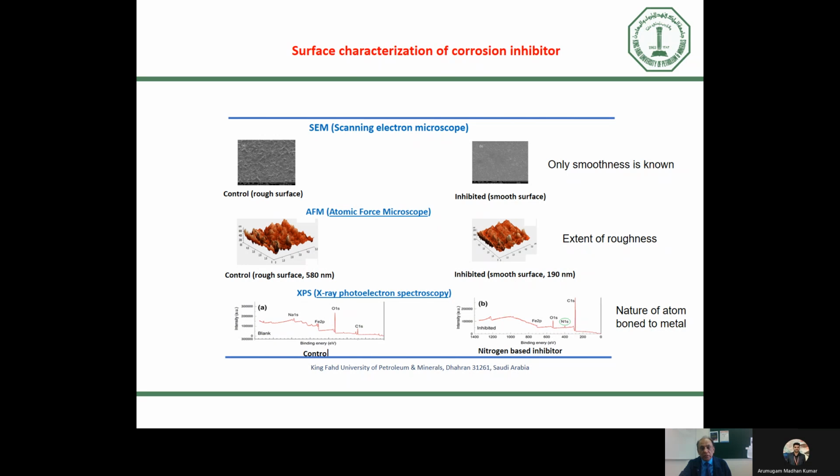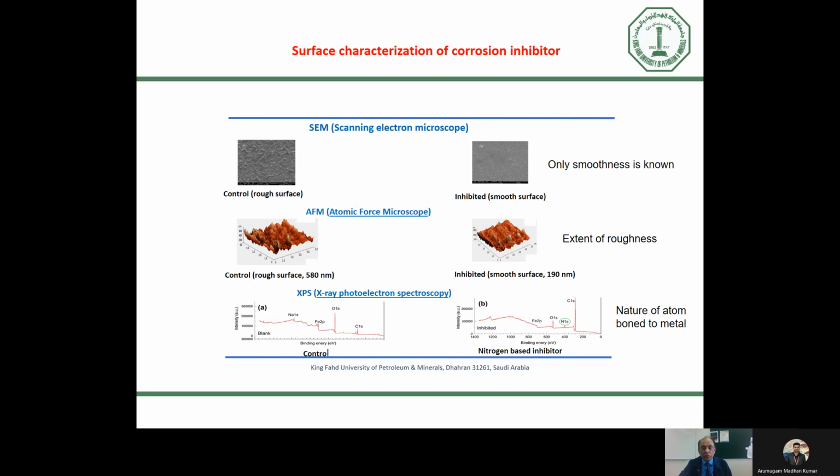There is another method, the atomic force microscope, and we can find the extent of roughness from this method. For instance, in the absence of inhibitor there is around 580 nanometer roughness, but when we add inhibitor, the roughness is considerably reduced. Here the example is one, where roughness has reduced from about 580 to 190.